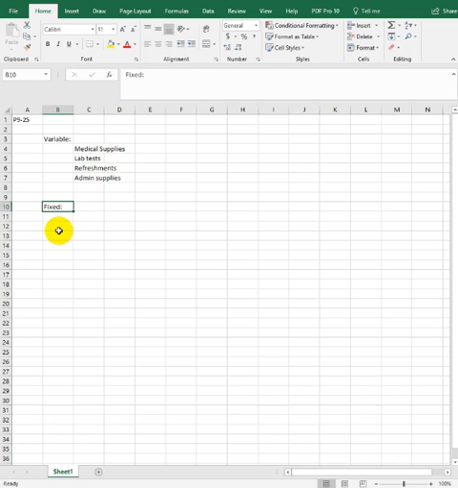Alright, so among the fixed costs, there are staff salaries. And then we also have equipment depreciation. And we have some rent. And we have some utilities.